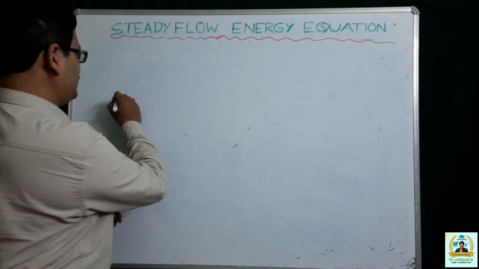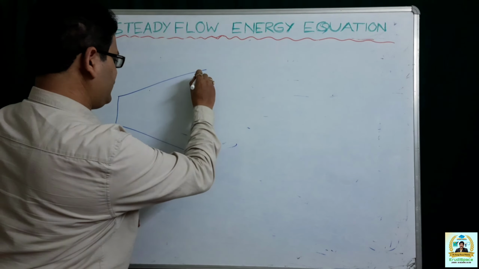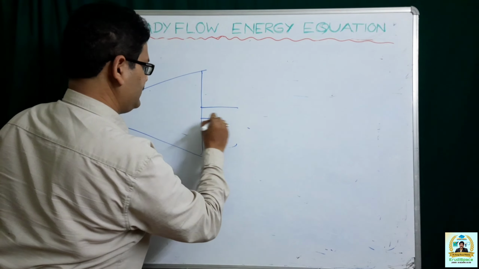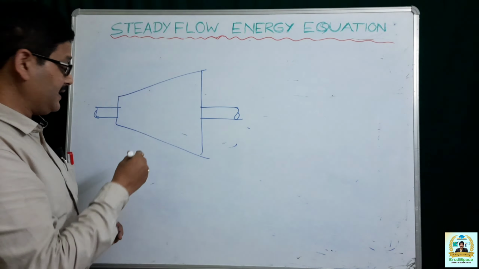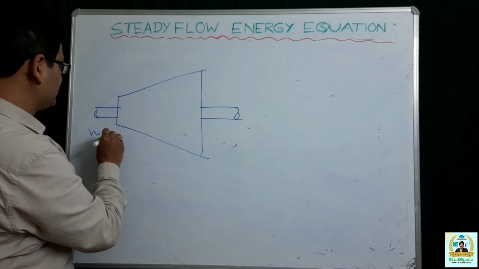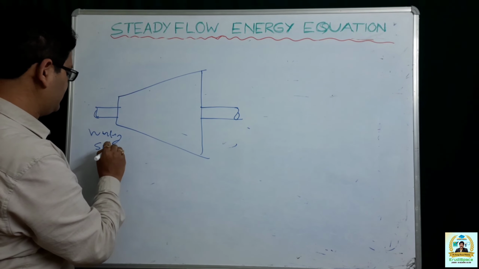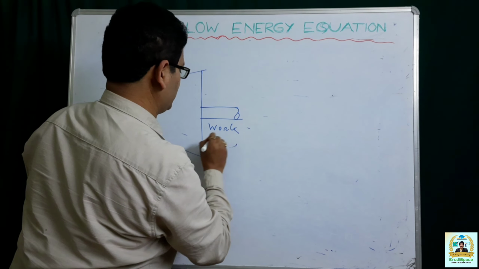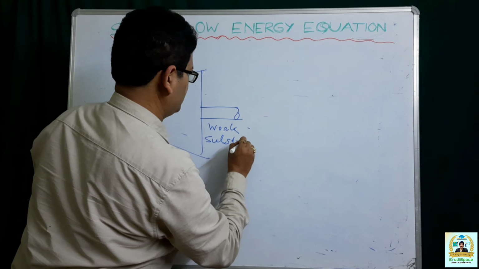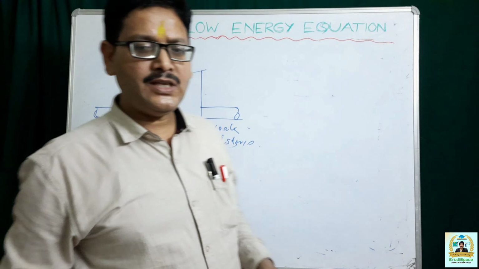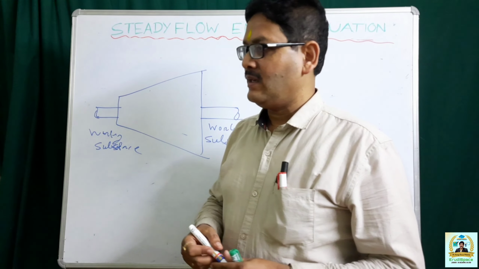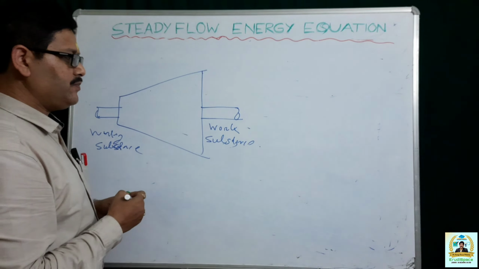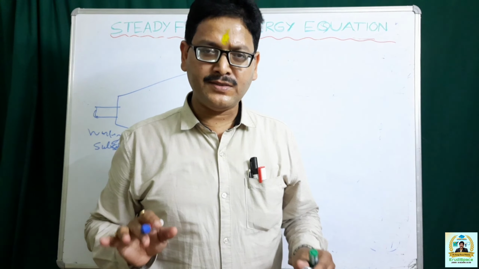First let us consider the turbine. Here the working substance is entering, and here the working substance comes out after being expanded. In this case, if you insulate the turbine, then the heat interaction is 0.